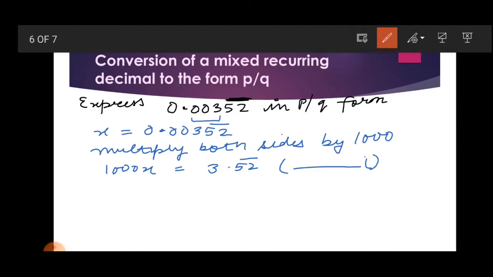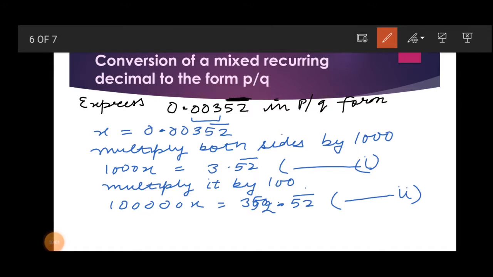Let's take this equation 1. Multiply this equation by 100 as two digits are repeating after the decimal point. So 1000x into 100 is equal to 1 lakh x, which is equal to 3.52 bar multiplied by 100, which is 352.52 bar.